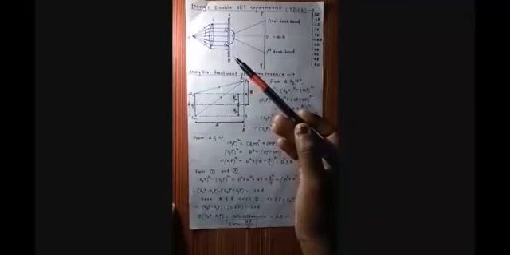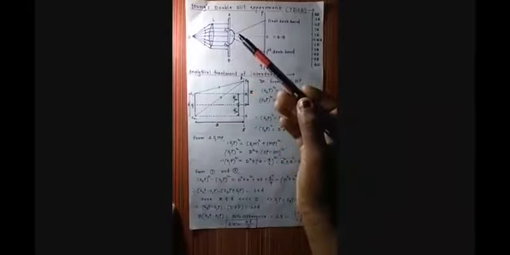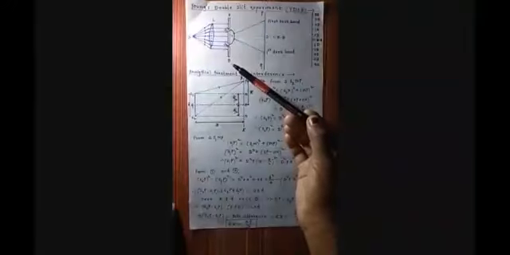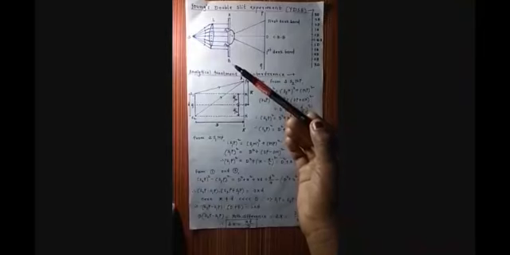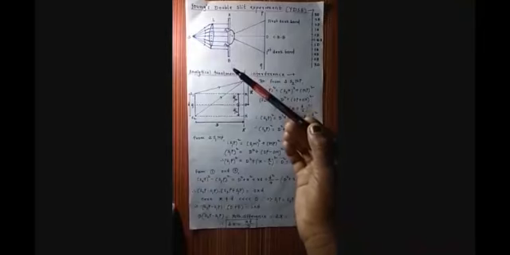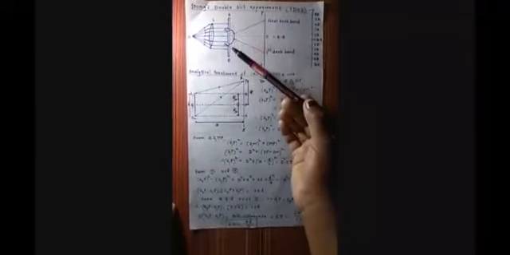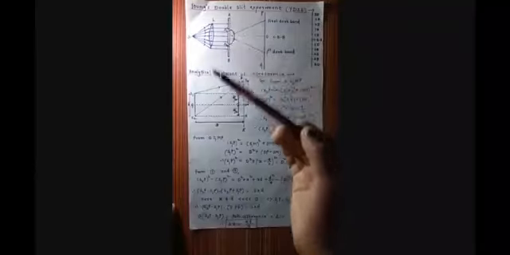We will study these two terms, monochromatic and coherent sources, in our next lecture. Here AB is the opaque screen, for example a cardboard paper, and in that cardboard paper the two slits are made, S1 and S2.